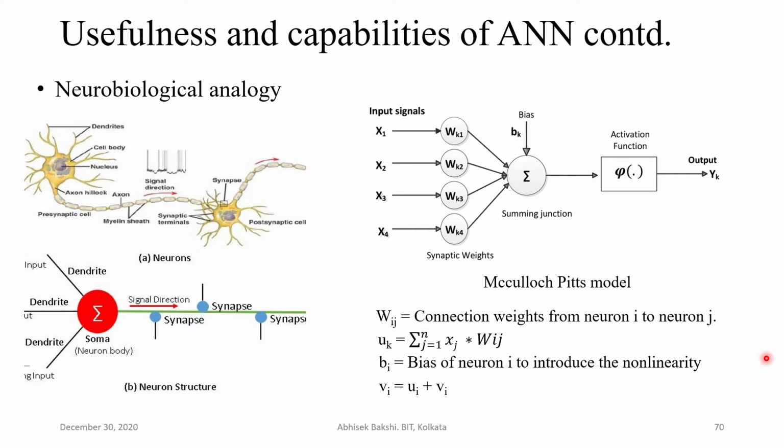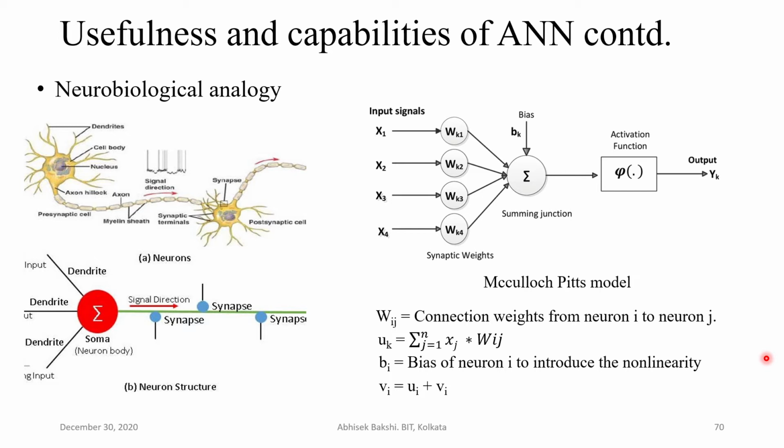Now here a very last point, which is very interesting, will come. That is the neurobiological analogy. What does it mean? The image that you can see on the top left corner is an actual image of a neuron of a brain. There are three parts of this neuron.